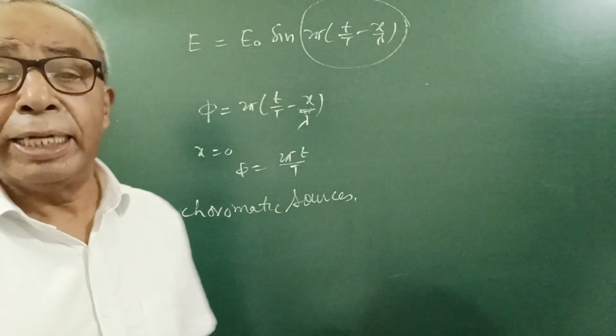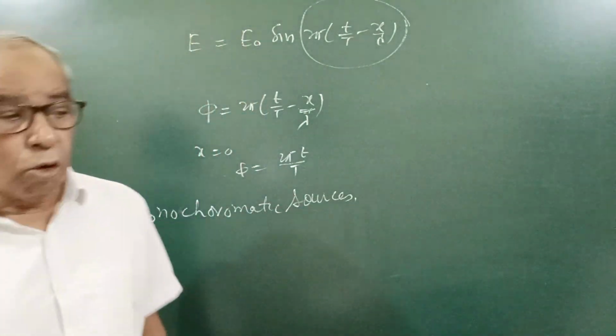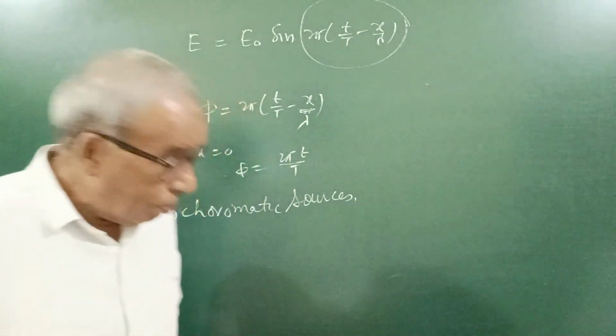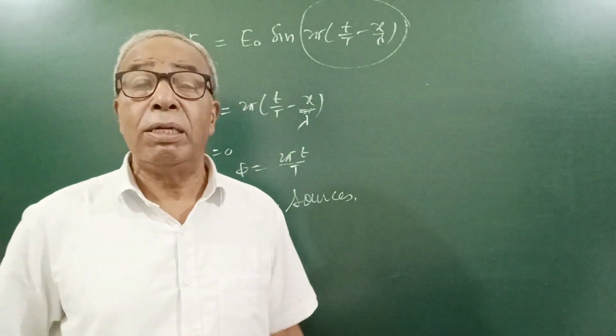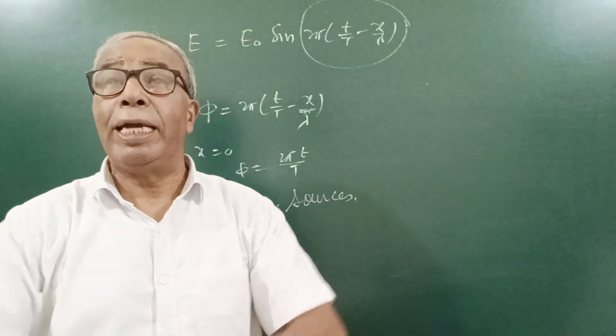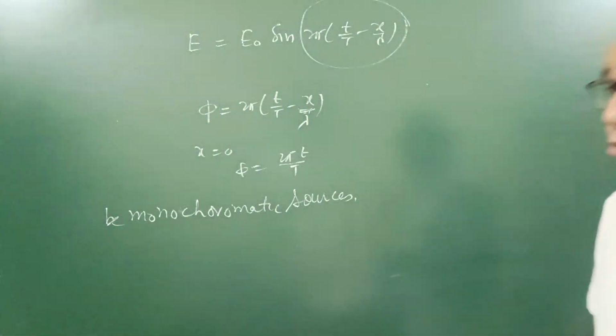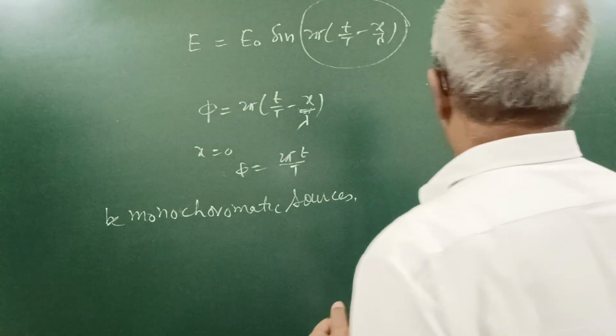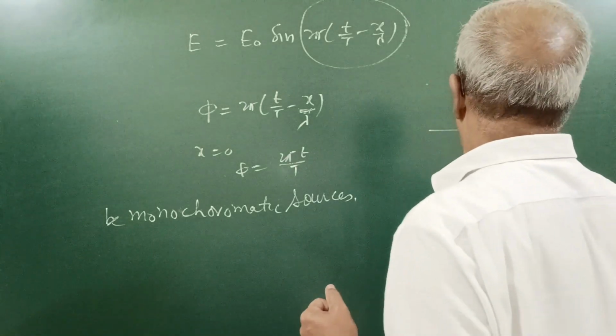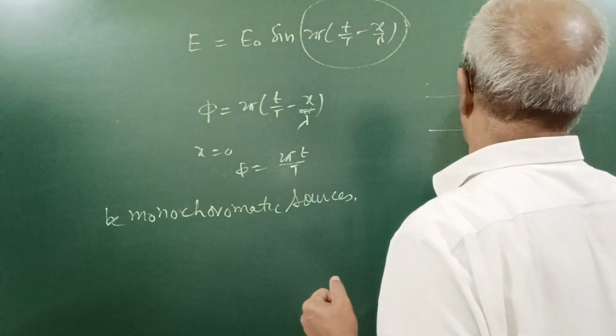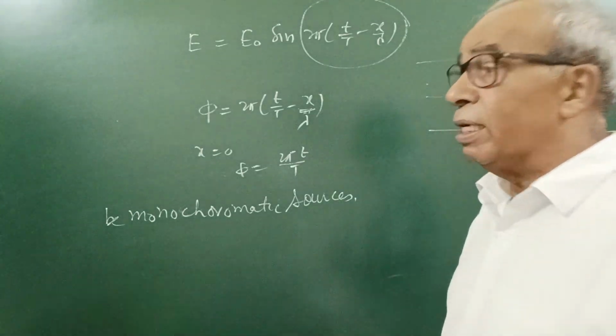Now, how is light emitted? It is very important to understand, because many times a question is asked: why can two independent sources of light, being monochromatic, not be coherent? That has to be understood. Atoms have electrons which can exist in different energy states.